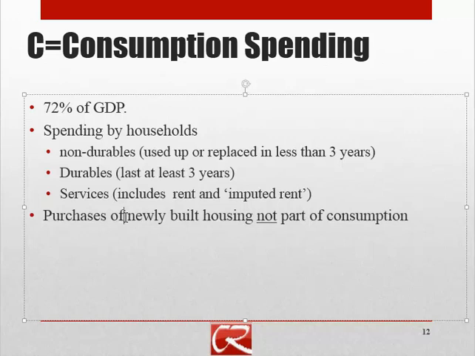So when people buy houses or own houses, the people who calculate GDP at the Bureau of Economic Analysis calculate what's called imputed rent, which is how much you would have to pay to rent the house from yourself. Otherwise, the amount of GDP that we have is going to go down if people buy their own homes rather than renting them, even though the actual housing services are the same.